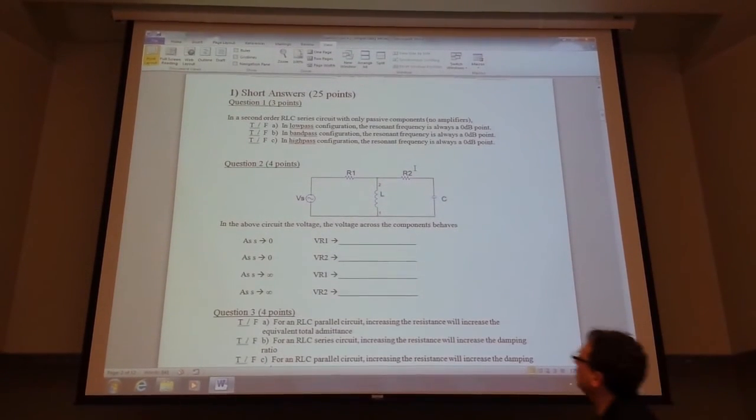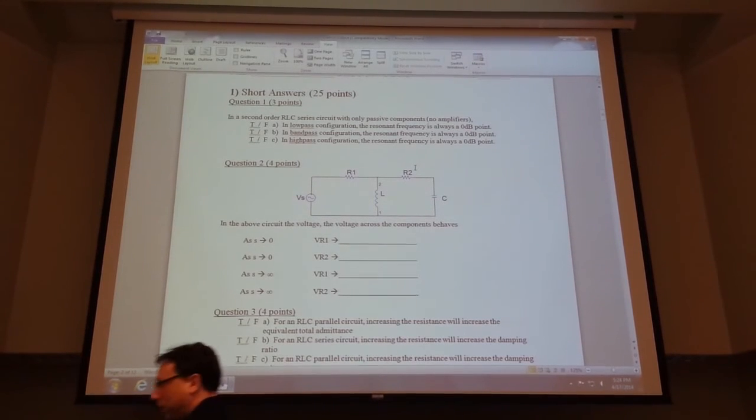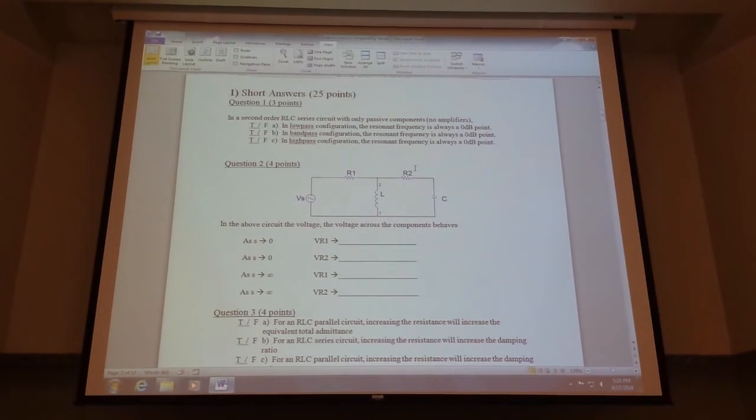In a second order RLC series circuit with only passive components, no amplifiers, is the resonant frequency always a 0 dB point? So RLC circuit, series or parallel for that matter, doesn't matter. Resonant frequency is a 0 dB point, yes or no?